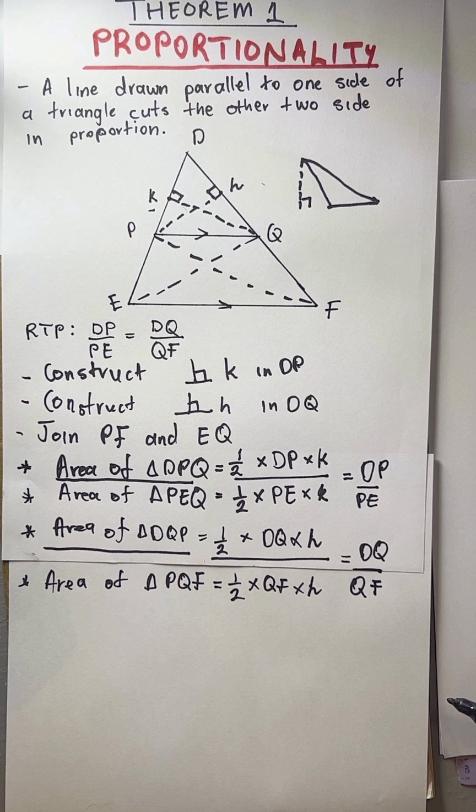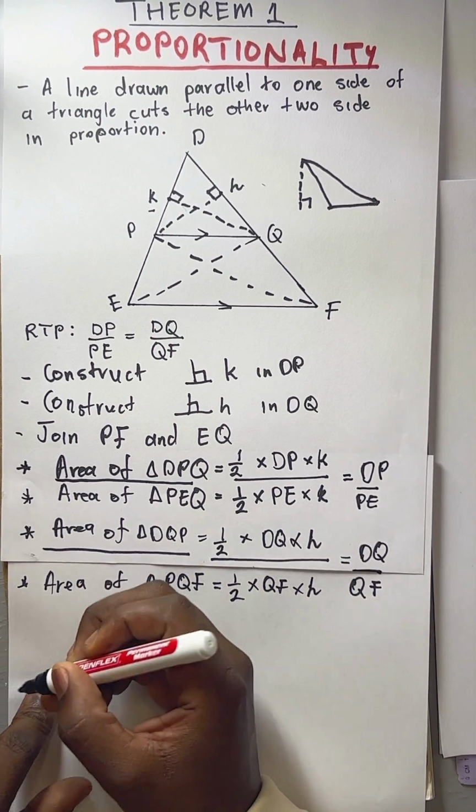Now let's move along. We say the area of your triangle FPQ. Can you see that?